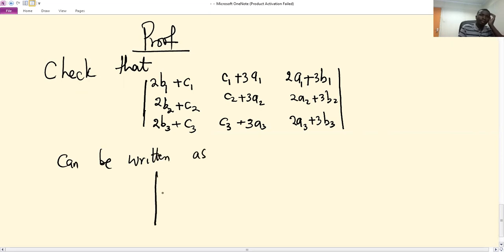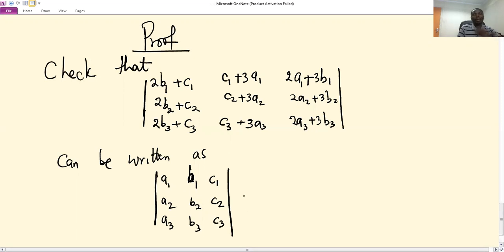the determinant of A1, B1, C1, A2, B2, C2, A3, B3, C3 multiplied by the determinant 0, 2, 1, 3, 0, 1, 2, 3, 0.